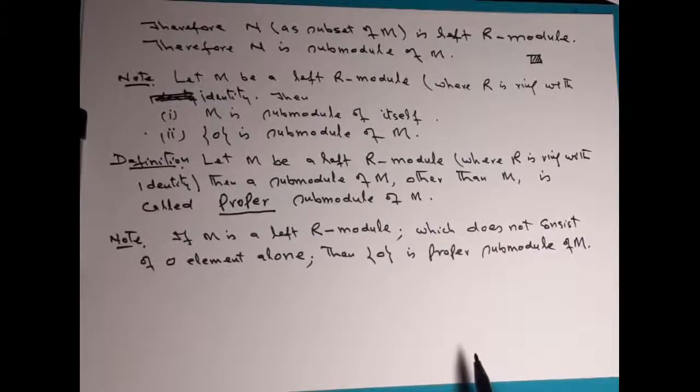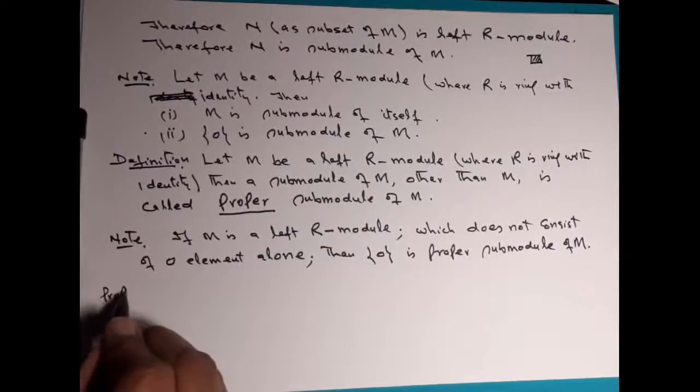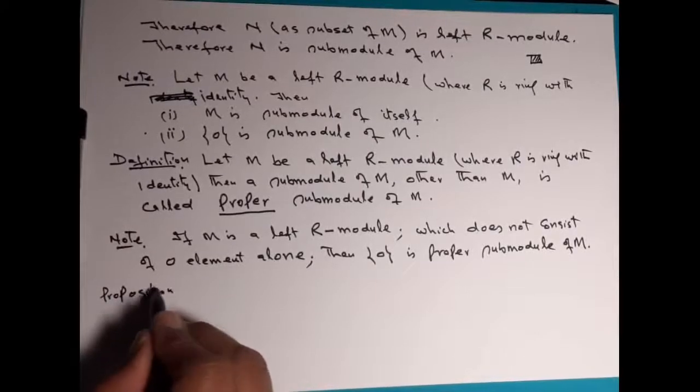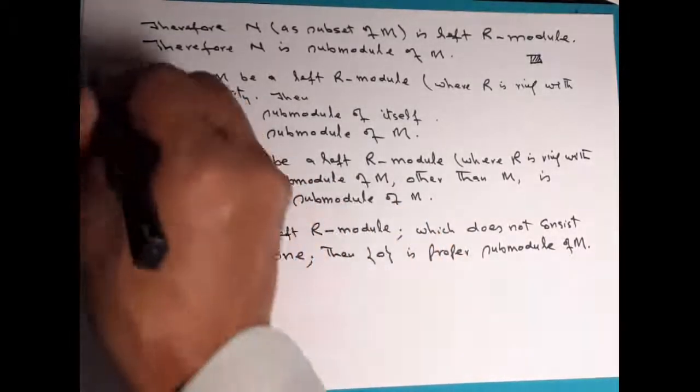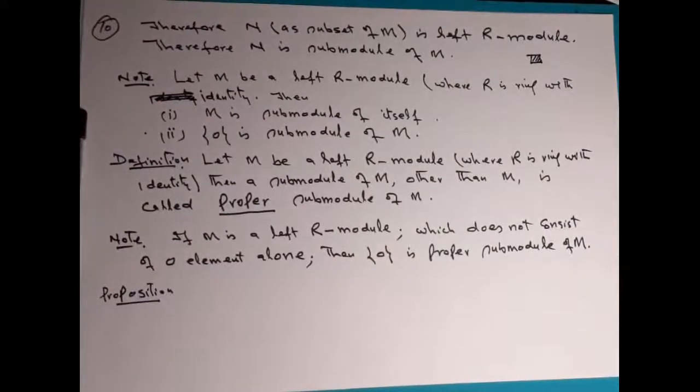So this was the definition of submodule, a little bit of detail about that, and then the definition of proper submodule. Let's have a proposition now. We have done this proposition for subgroups, for subrings, for ideals in fact.